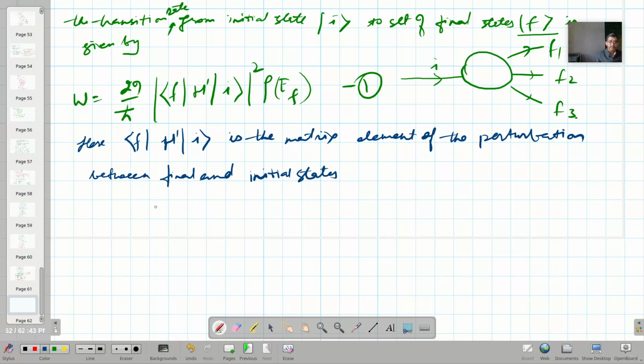And rho EF is the density of final states.